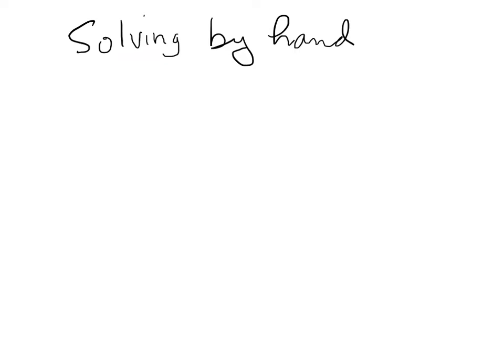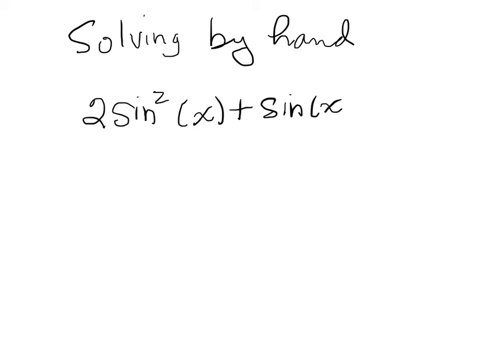So let's look at a very simple example for this. Suppose we're looking at 2 sine squared of x plus sine of x equals 1. What I'd like you to observe is that this is sort of like a quadratic equation in sine of x.